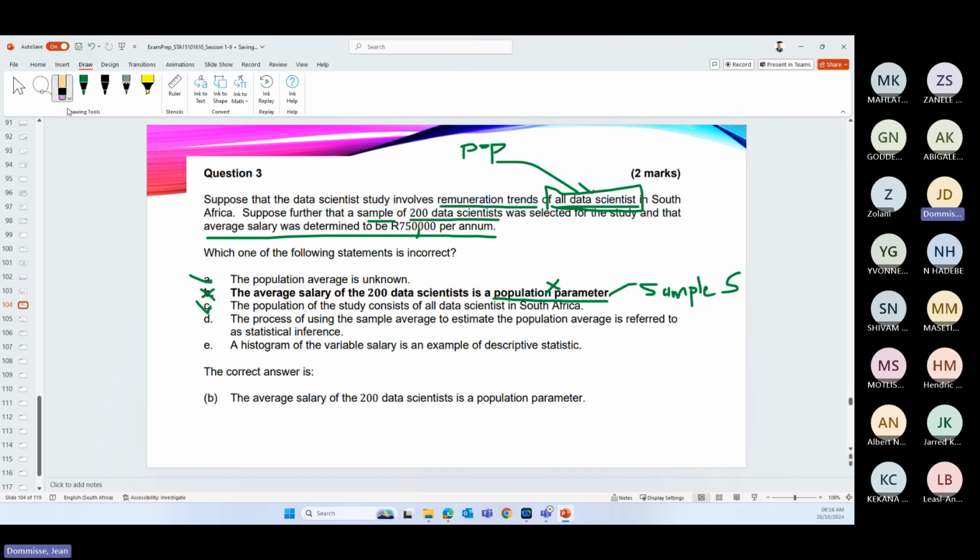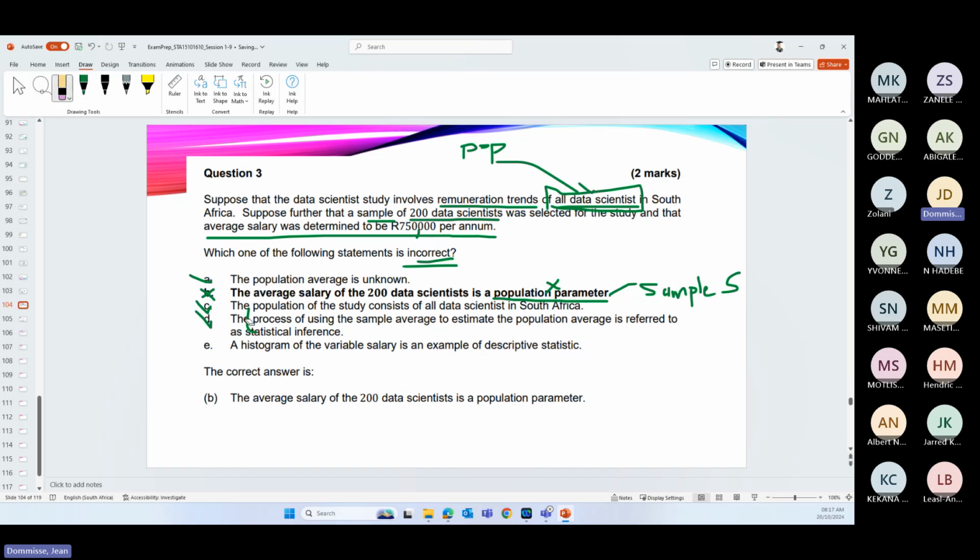So we know we're looking at the population, but the population average is unknown is correct. The process of using the sample average to estimate the population average is referred to as statistical inference. That again is correct.